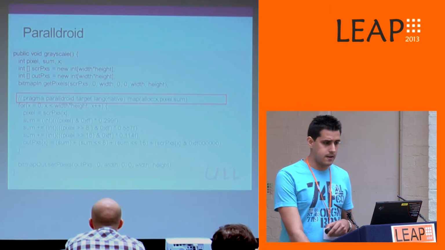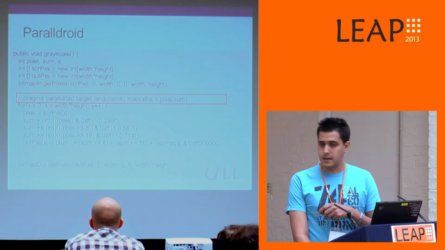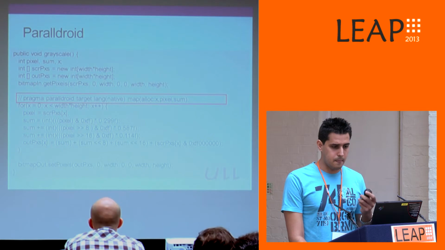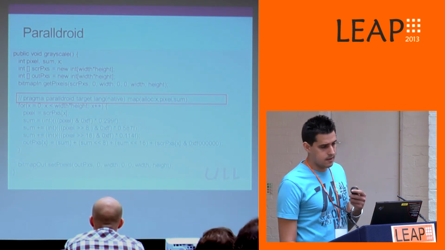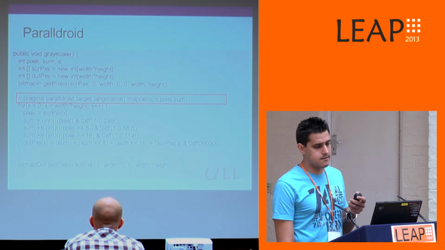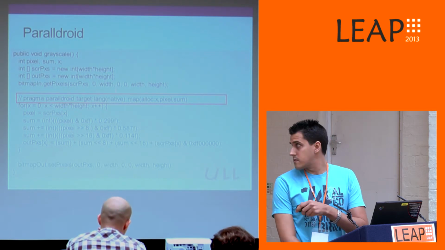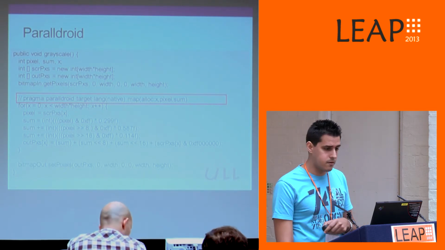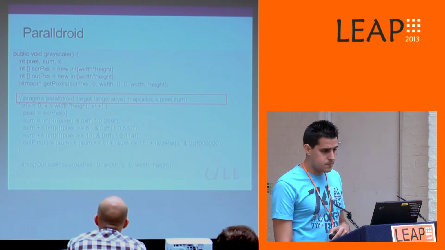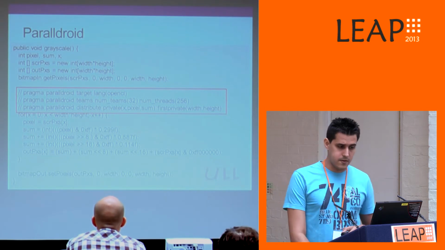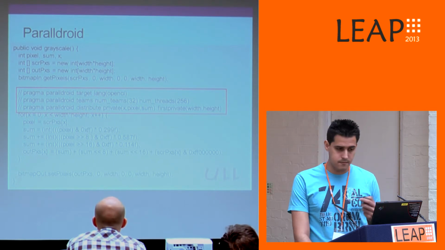To generate native code, we add a target native, and in this case, we don't want to initialize or return the values of any of these variables. So we use the map alloc. For OpenCL, we add the target OpenCL directive.